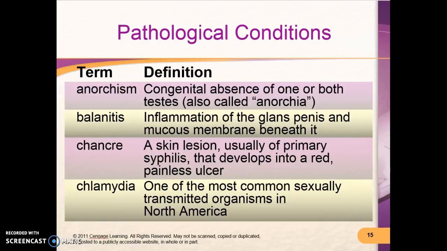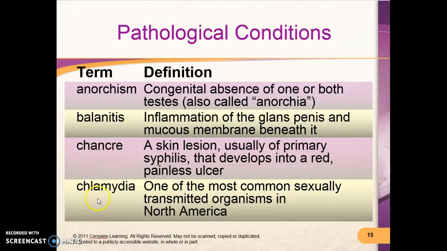A couple of them I wanted to point out to you when you look at the charts. This third one on here, for those of you who are unsure, that is pronounced canker. So that is just any type of a lesion. Typically, in this case, they're referring to lesions that form due to syphilis. So a lot of the conditions that you're going to see in these charts are related to sexually transmitted diseases.